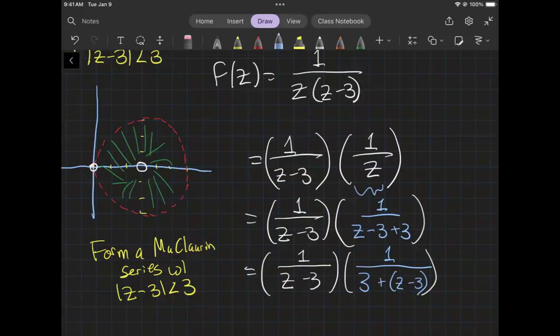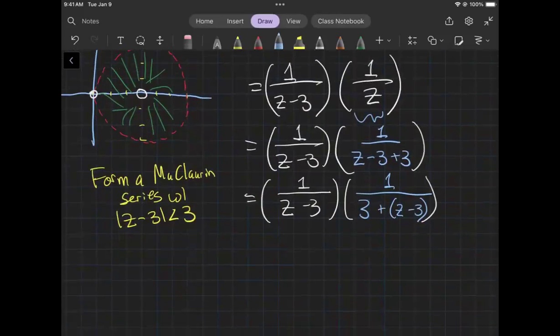Okay. I can formulate a Maclaurin series for the second term, right? So we want our geometric series ratio to be less than 1. Z minus 3 over 3 needs to be less than 1.